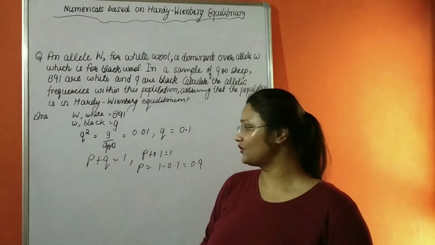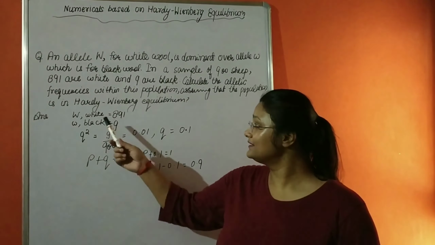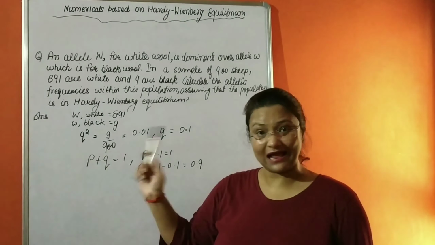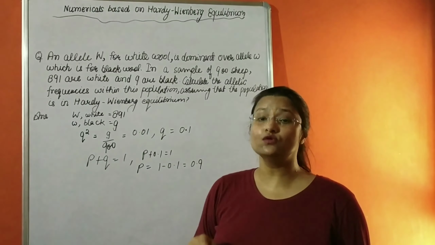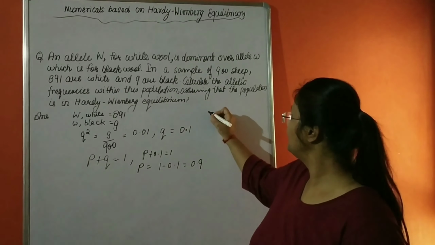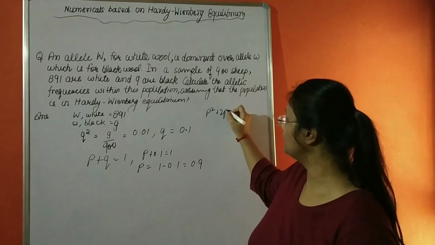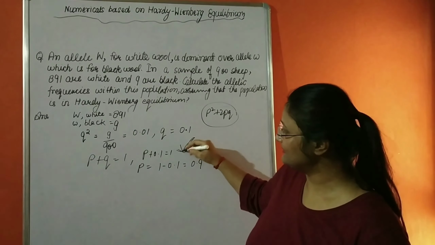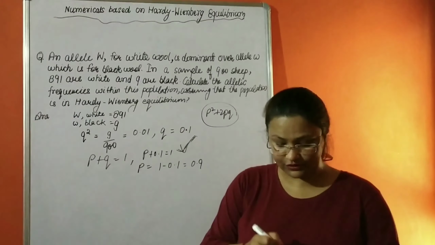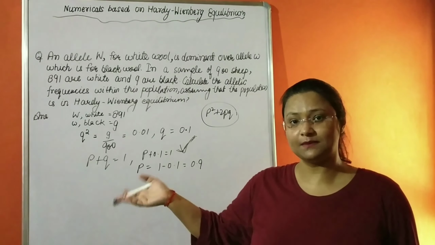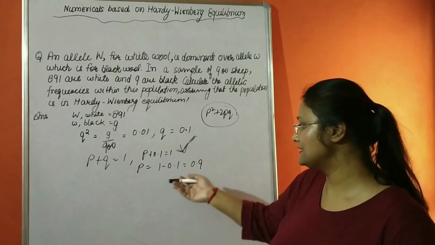So that's how we can solve these kinds of problems. The reason why we didn't consider p square directly, I have already explained, is that these white individuals include p square plus 2pq. That's why we need to find out via this method only. First we need to find q, then for p we use the formula for allelic frequency, p plus q is 1.